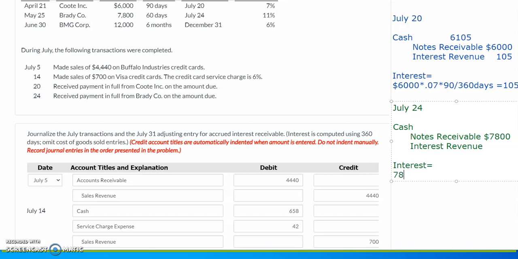So I'm going to take $7,800 times the interest rate in this problem, 11%, times 60 over 360 days. So my interest amount is going to be $143.